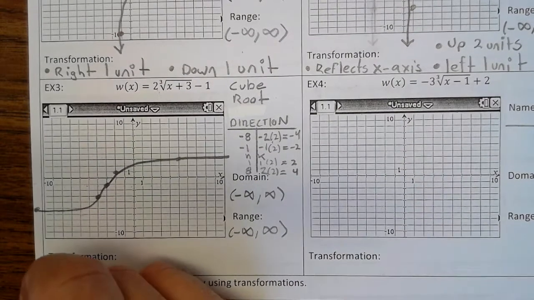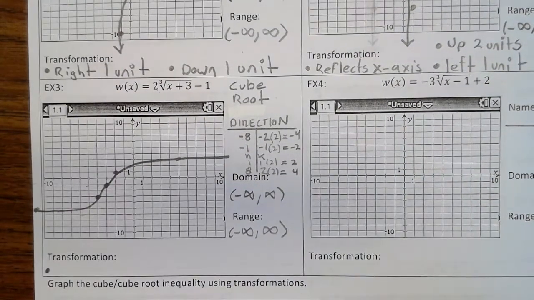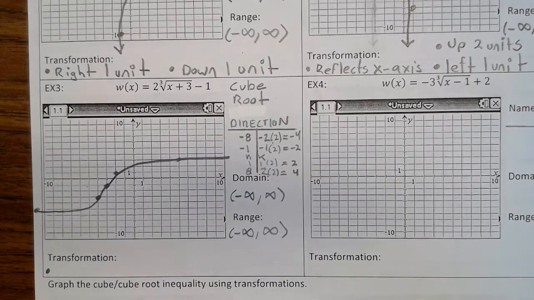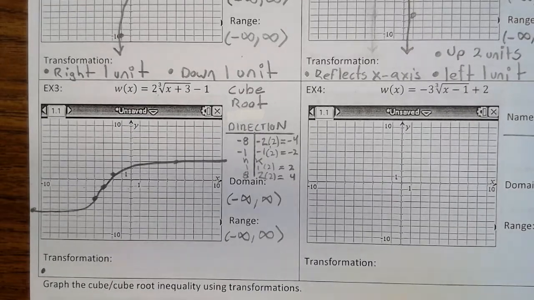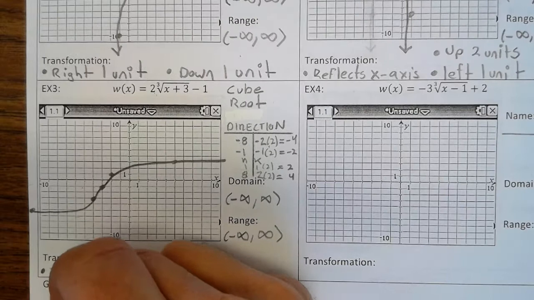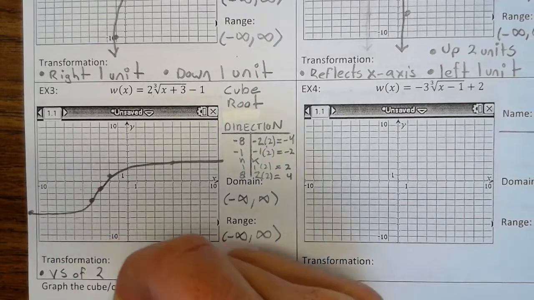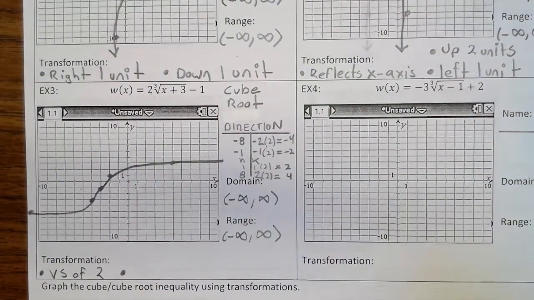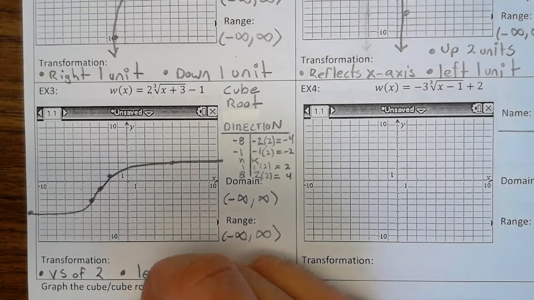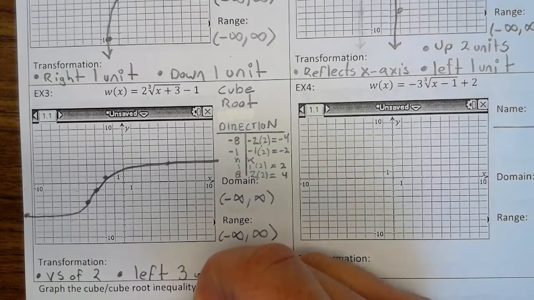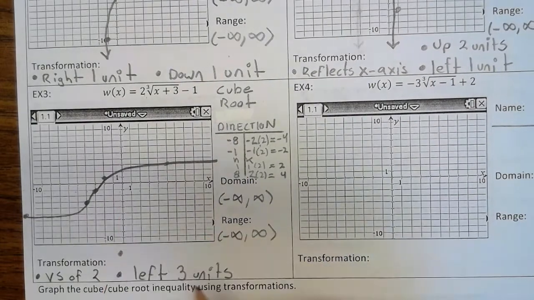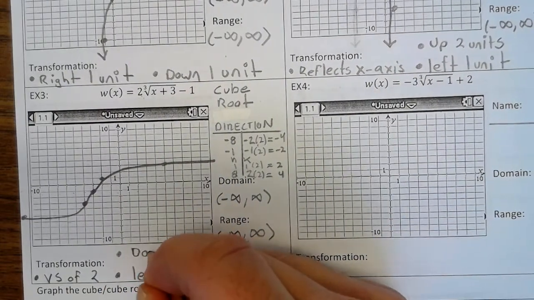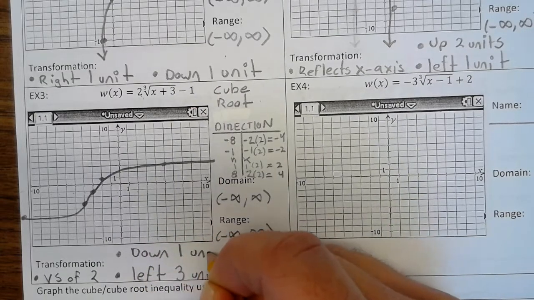And the transformation is a vertical stretch of 2, left 3 units, and down 1 unit.